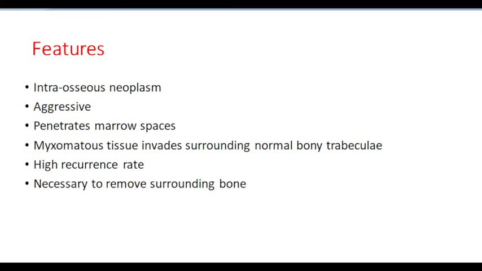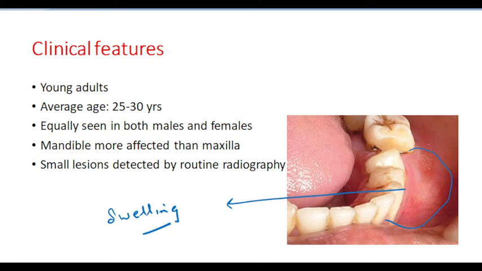So overall there is a high recurrence rate compared to other benign tumors, and it is necessary to have aggressive treatment for odontogenic myxomas. Clinically, these are seen in young adults. The average age ranges from 25 to 30 years, equally seen in both males and females.